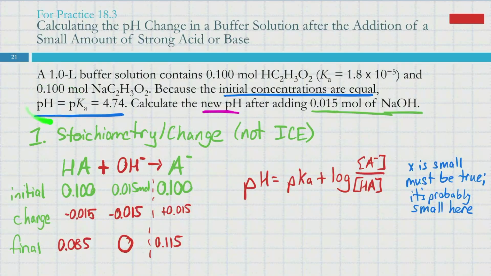So now we can use our pKa value from earlier. So our new pH is 4.74 plus log of 0.115 over 0.085.